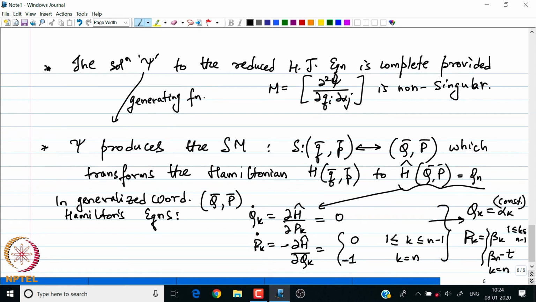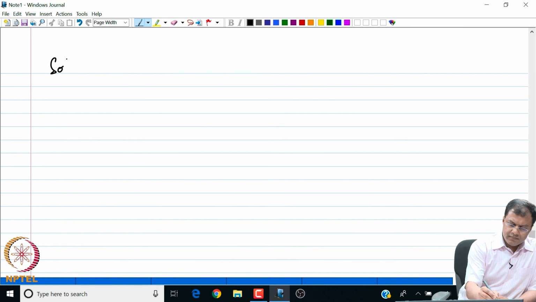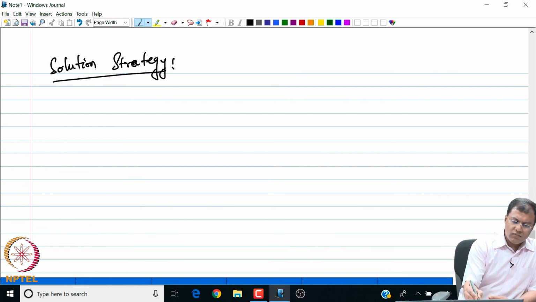Okay. So, we are ready to look at examples in this class of systems, in this Hamiltonian system of conservative functions. So before I do that, let me just summarize the solution strategy or how to find the solution for this class of problems. Okay.